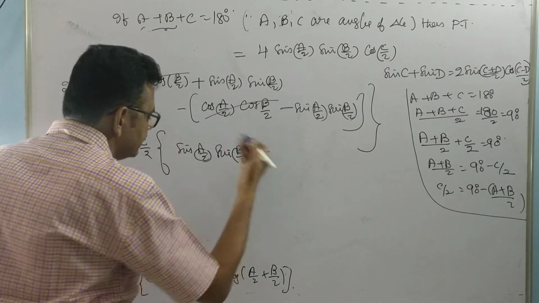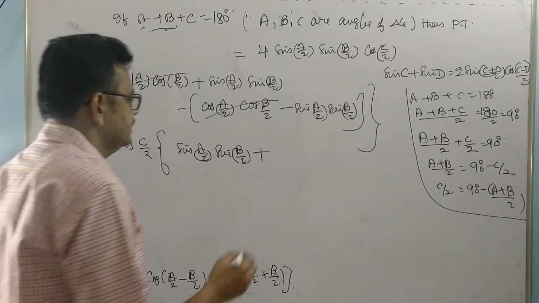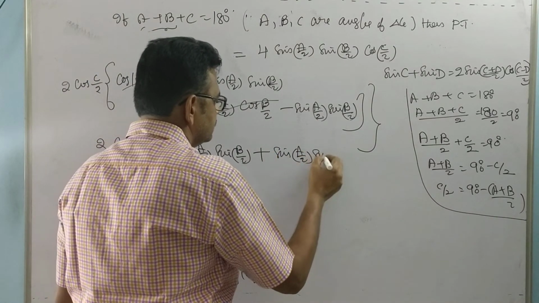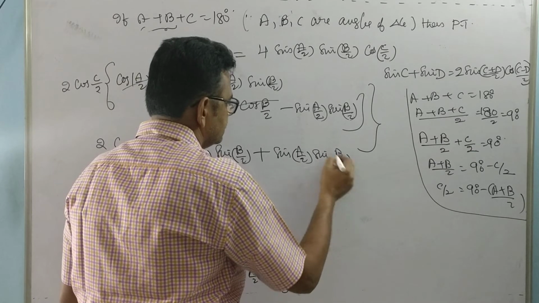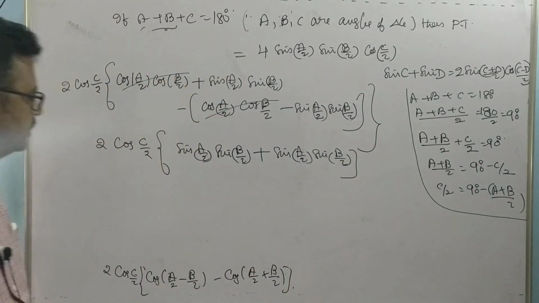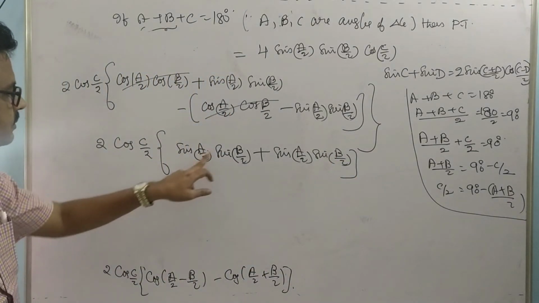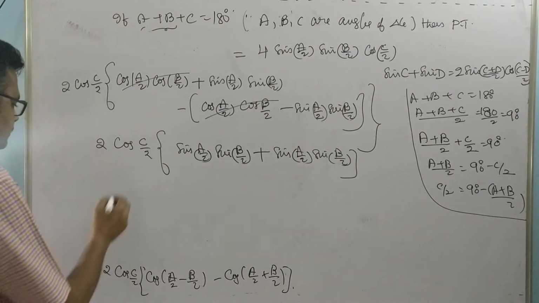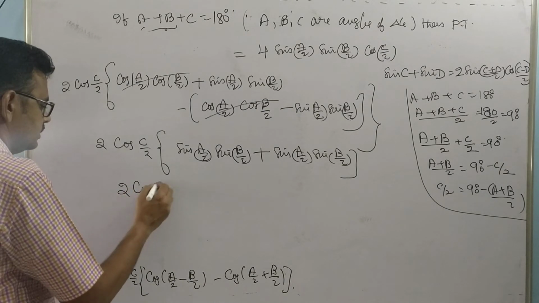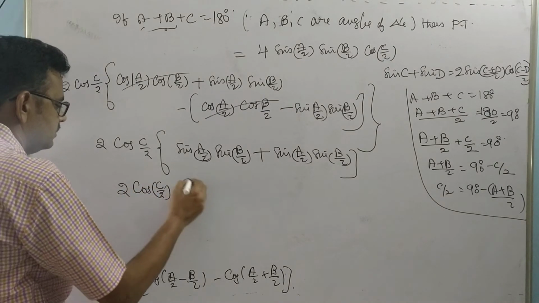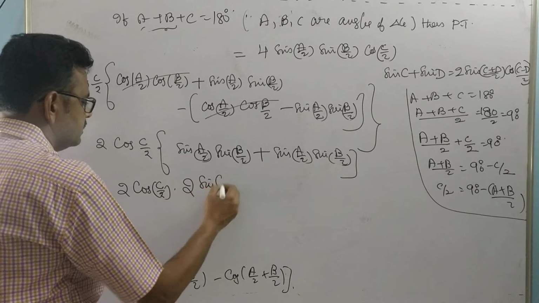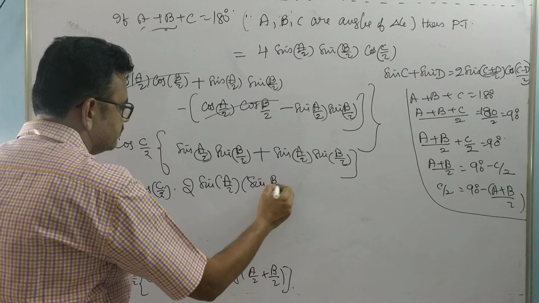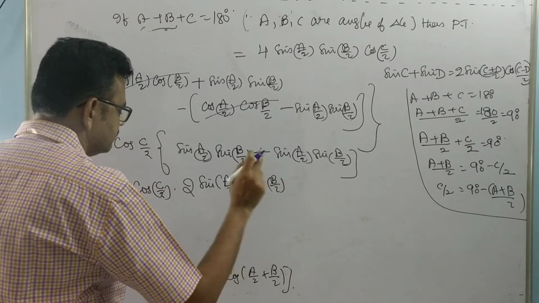Minus of minus, plus. This is sin A by 2 into sin B by 2. Okay, so this is sin A by 2 sin B by 2, sin A by 2 sin B by 2, which is 2 times of 2 cos C by 2 into 2 times of sin A by 2 into sin B by 2.